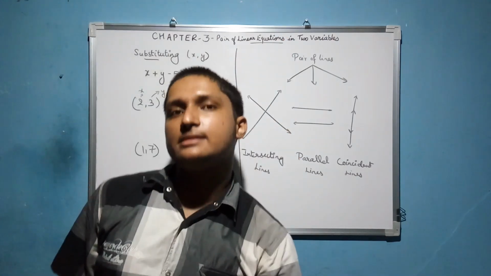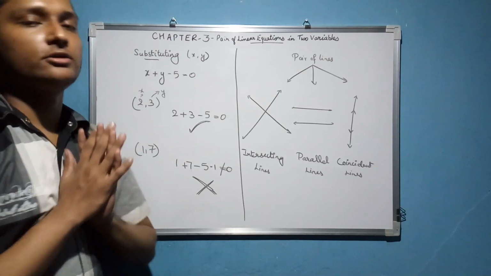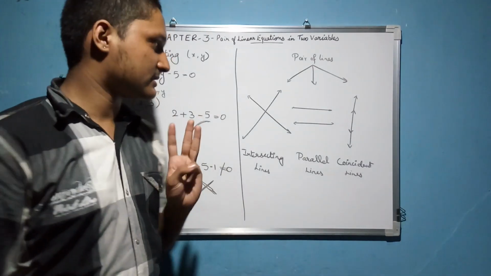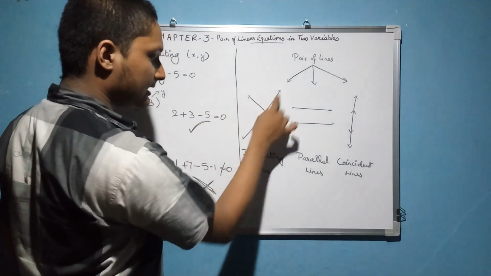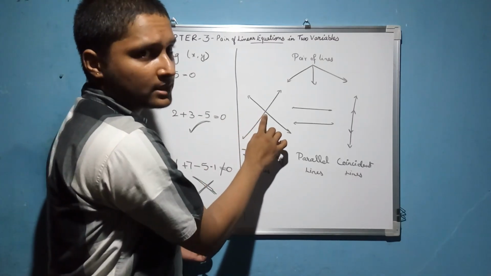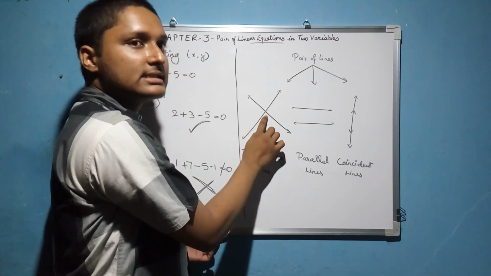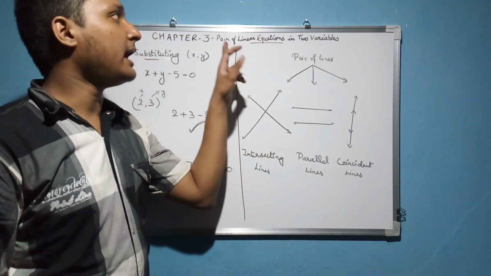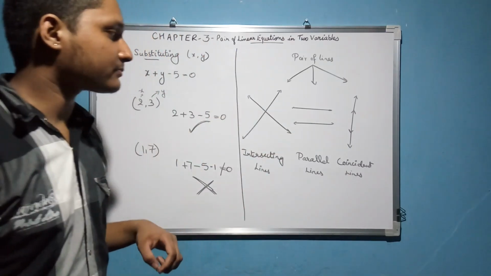The lines can be of three types. The lines can be intersecting. Intersecting means they have only one common point, and that point is the solution of the given pair of linear equations in two variables.